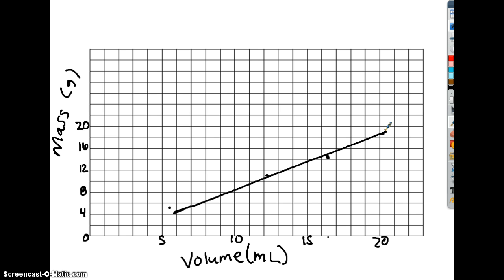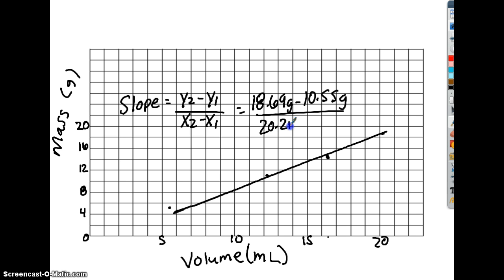Now what we're going to do is calculate the slope. Remember, slope is equal to y2 minus y1 over x2 minus x1. So you can use any 2 points that you want. If you notice, my second and fourth point land on the line, so we can use those. So we would get 18.69 grams minus your 10.55 grams divided by 20.2 milliliters minus 12.3 milliliters.